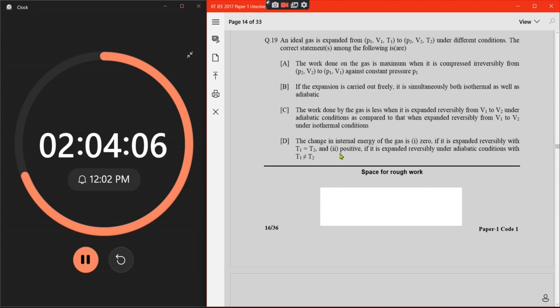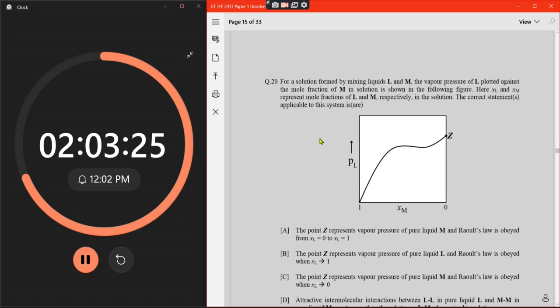Let me reverse it. Work is done by expansion, so it's actually negative. The change in internal energy is negative if it expanded reversibly under adiabatic conditions, because the work done is negative. Of course, the first law still works, it doesn't matter whether it is reversible or not. So this is not correct. D is wrong. Next question.